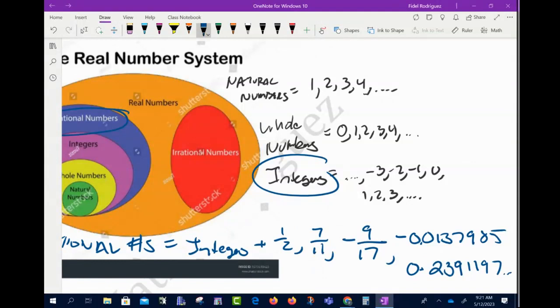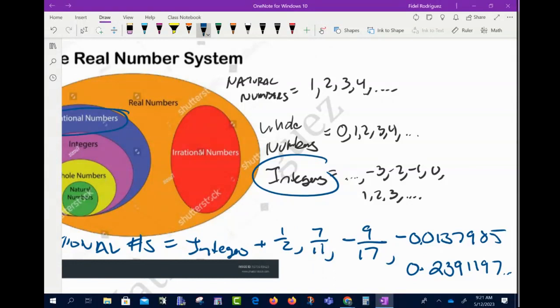So what did I add now? Fractions, right? Decimals. Those decimals, y'all, can be decimals that stop, like negative 0.0137985. Decimals like 0.2391197 and go on and go on and go on forever. Things like that, right? That's what rational numbers are.